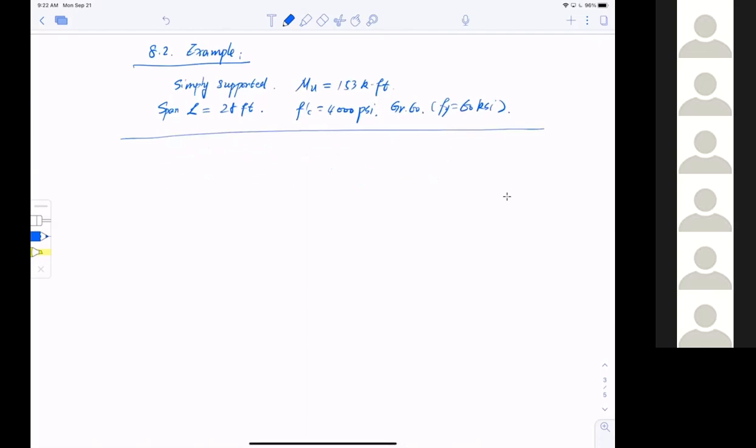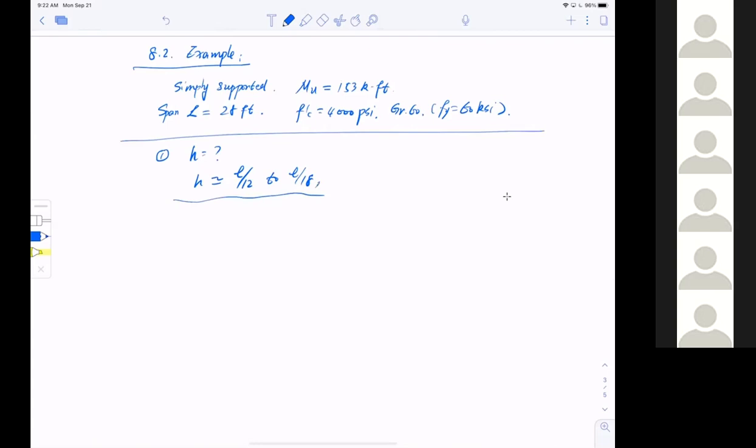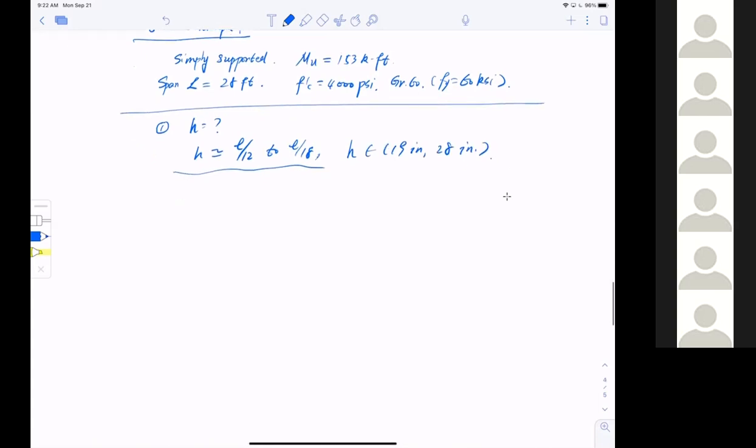Okay, so first things first, I can estimate height. By ACI code, h is roughly equal to L over 18 to L over 12. That is just a height estimation for deflection purposes. So with this, I obtain my height. I did the calculation already. It should be between 19 inch to 28 inch. This is just a range for the height, but it's not a specific number.